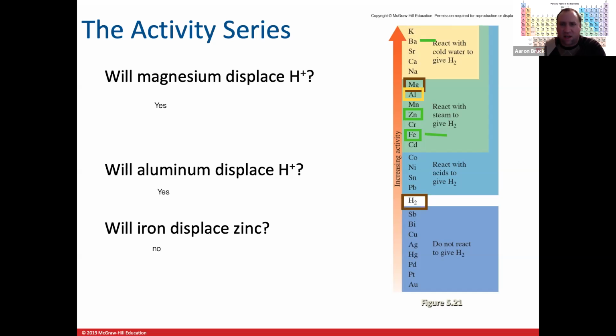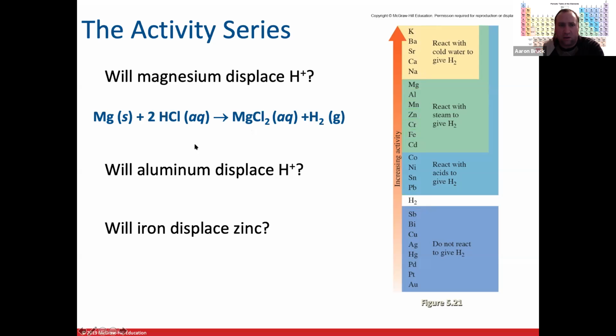So that's an interesting kind of dimension to single replacement reactions. They don't always happen. They don't always happen the way that it's written on the page. You have to evaluate them in terms of the activity series. And so when they happen, the reactions look like this.